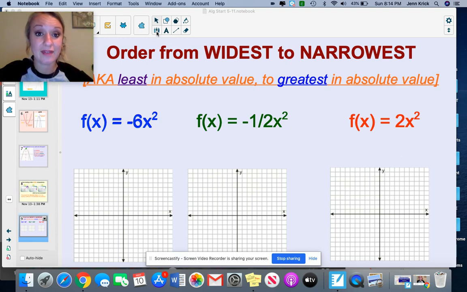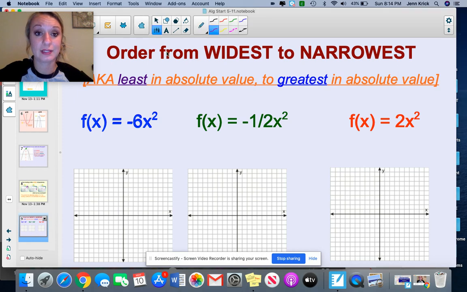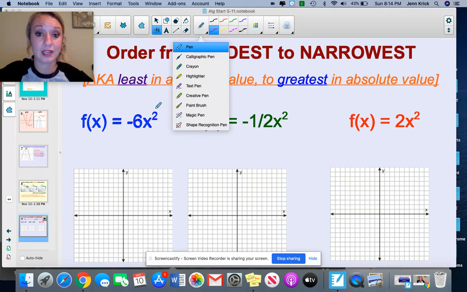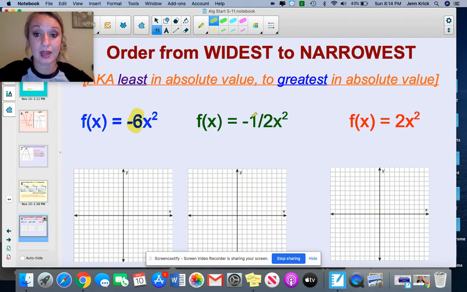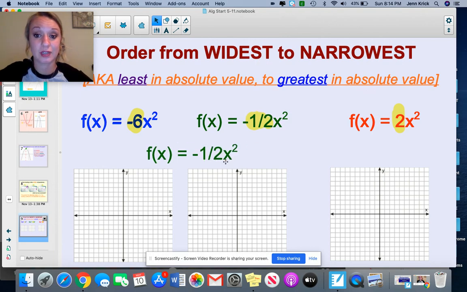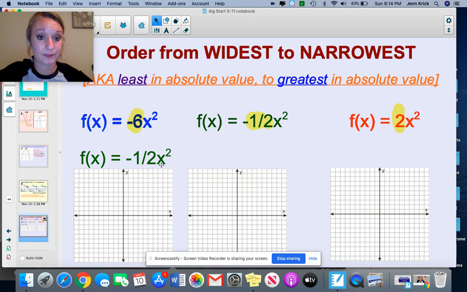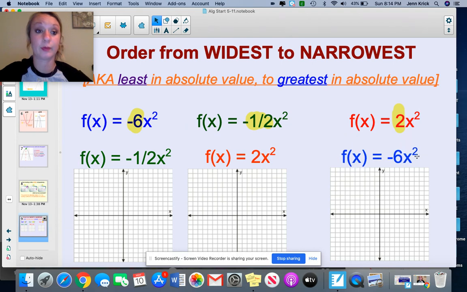So here I've got a -6, a -1/2, and a 2. If we're starting with the widest, we need our smallest number, which is this -1/2. Then the next smallest will be 2, and then the largest will be -6. Because remember, we're talking about absolute value. It doesn't matter if it's negative.